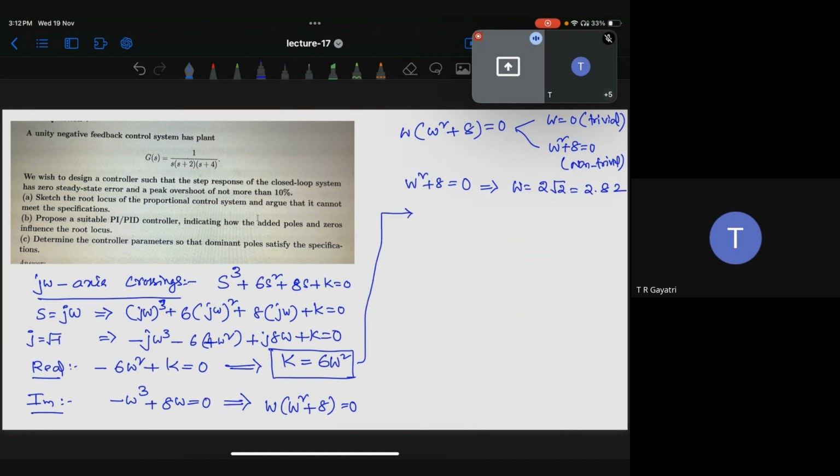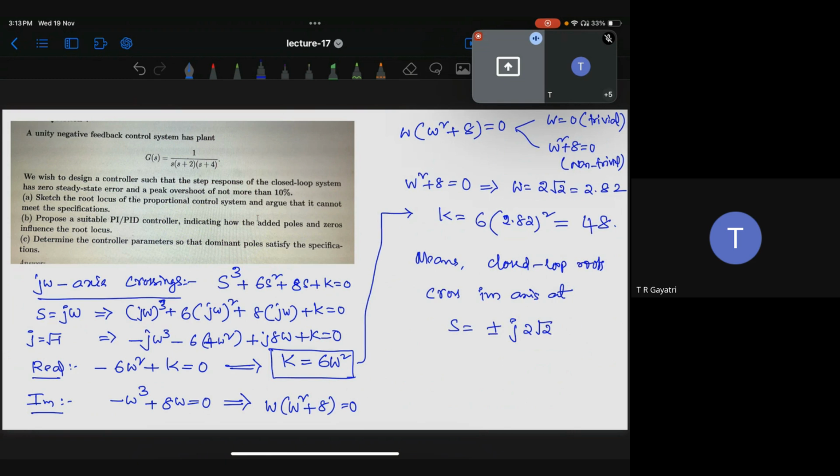Now considering this, what is k? 6 multiplied by 2.82 square equal to 48. So it means that the closed loop roots cross the imaginary axis at s equal to plus or minus j2 root 2 when k equal to 48.